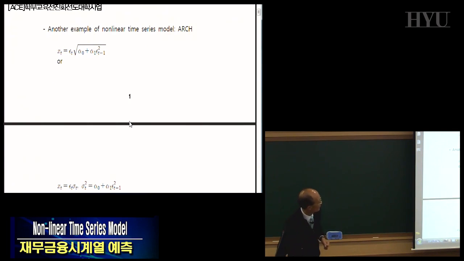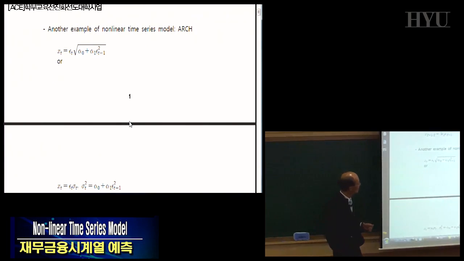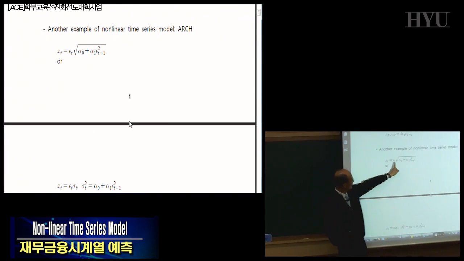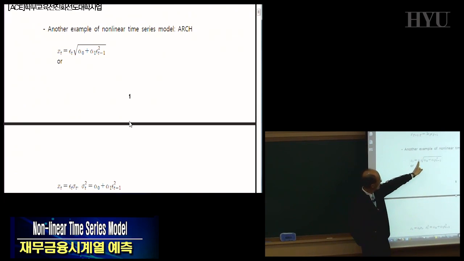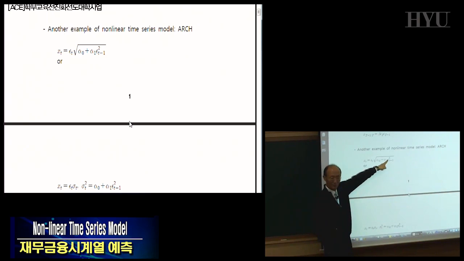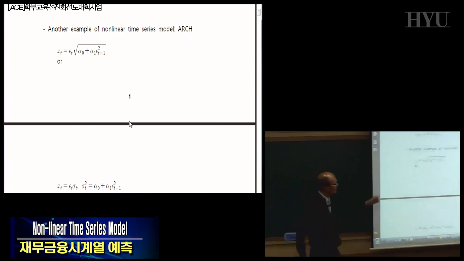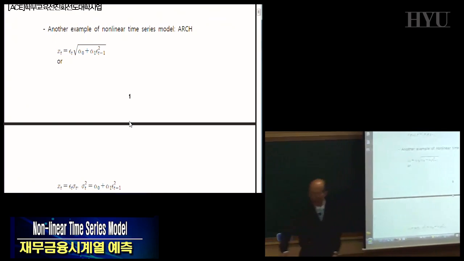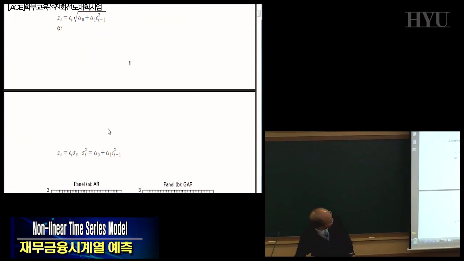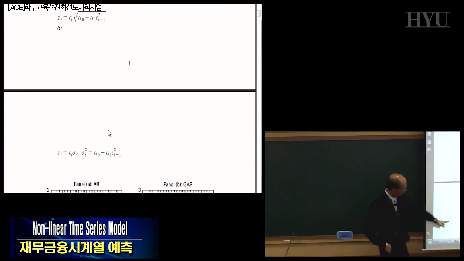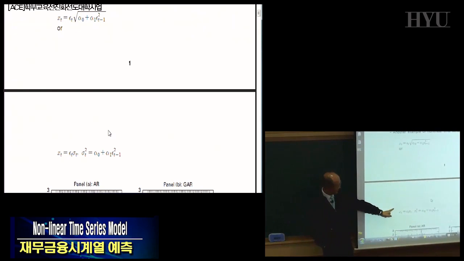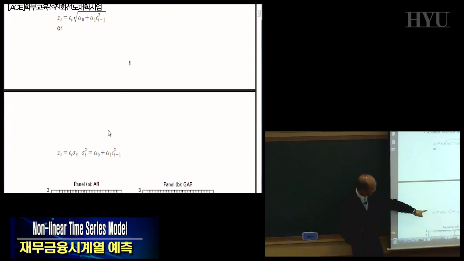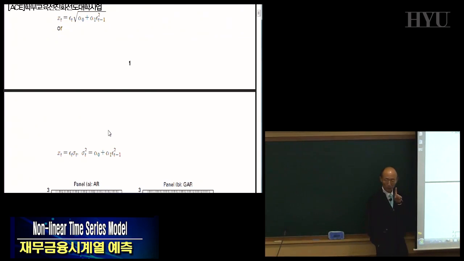Another example is this. Do you see? It is expressed in terms of product, right? Product of something, right? This one, if I rewrite it in this way, this is what we call an ARCH-1 process.